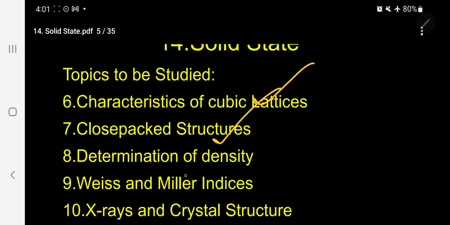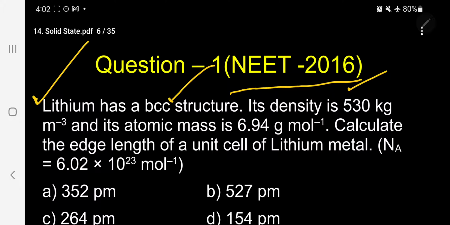Let me read. This was asked in NEET 2016. Question number 1: lithium has body-centered cubic lattice structure, BCC. Its density is 530 kg per meter cube and its atomic mass is 6.94 gram per mole. Calculate the edge length of a unit cell of lithium metal.